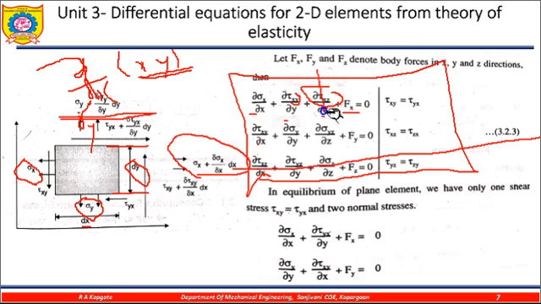Whatever remains, we write here: ∂σx/∂x plus ∂τyx/∂y plus fx is equal to 0, and this is the second equation. These two equations consider the equilibrium of the plane element, which we will use for the next studies.